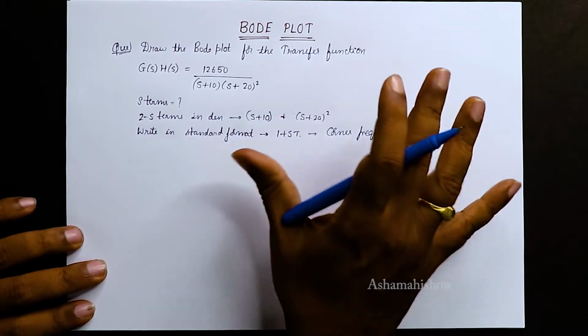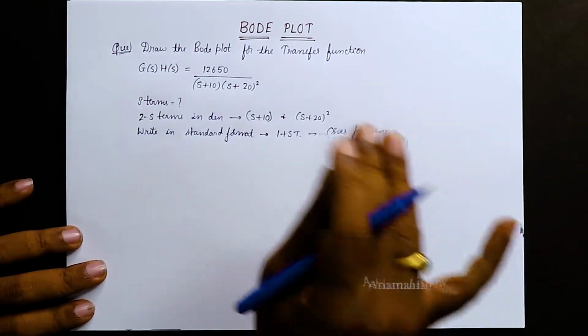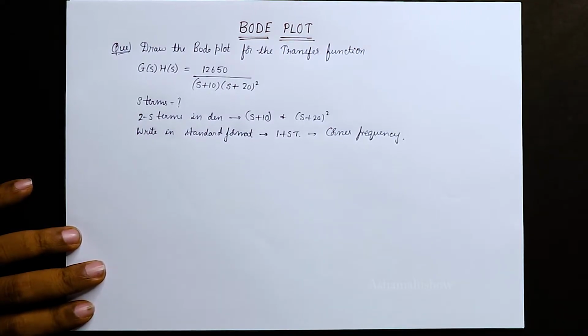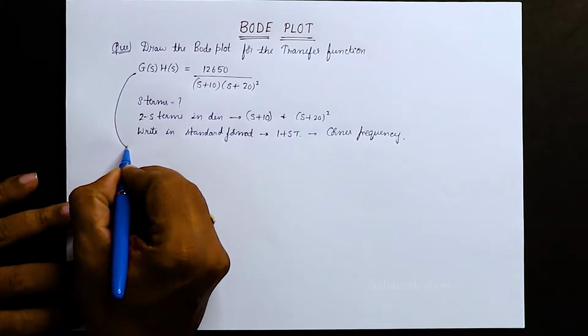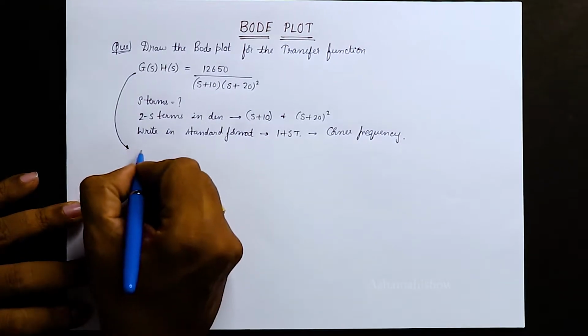So we'll keep this aside for a while, because I'm telling you from the point of view of your examination. So let us take the transfer function here and try to evaluate it.